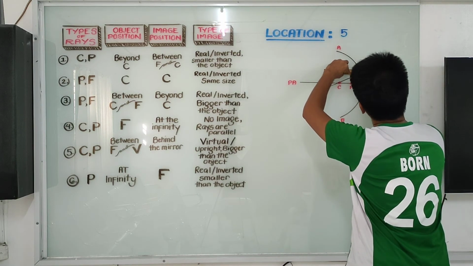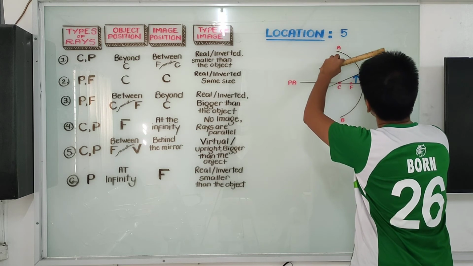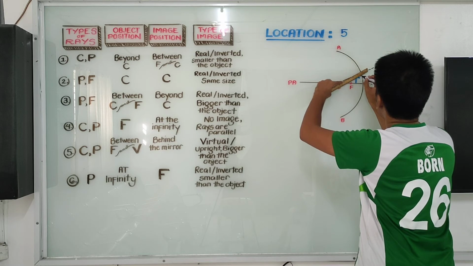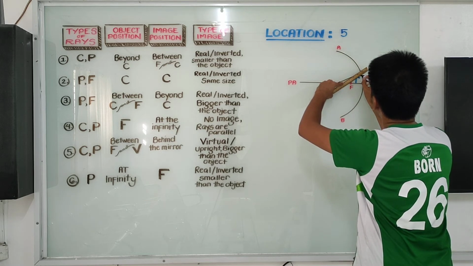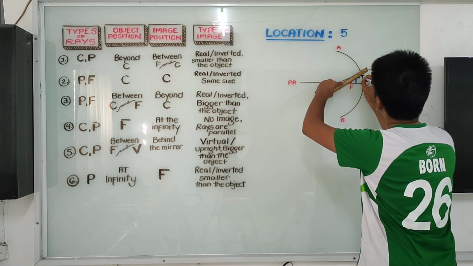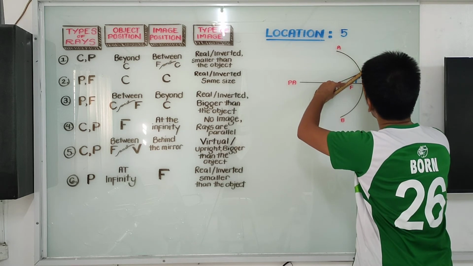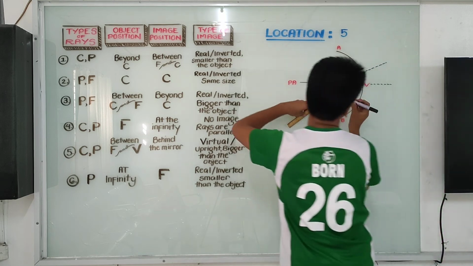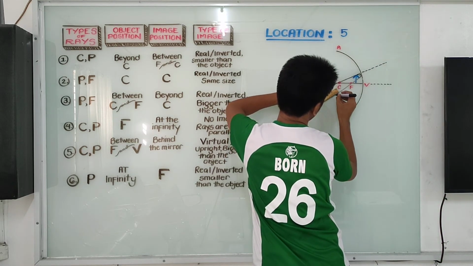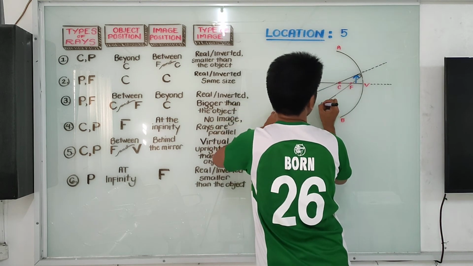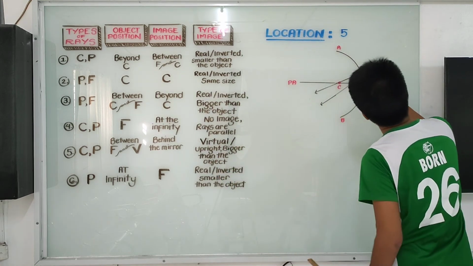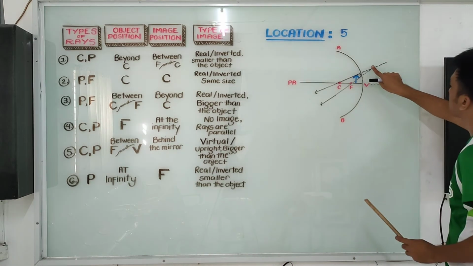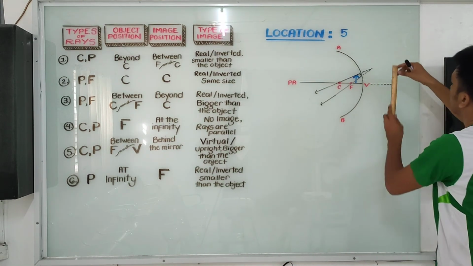So if it's a principal ray, obviously it's parallel to the principal axis, and it will pass through the focal point. Sila magsasalubong? Here. Dun sa imaginary nating line or broken lines.